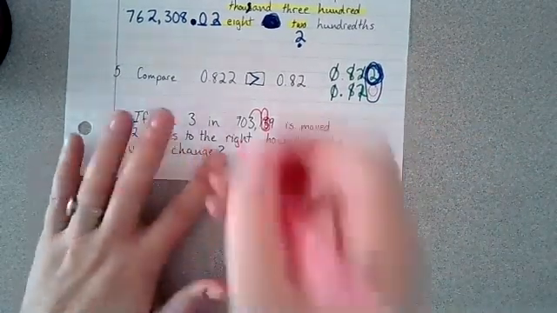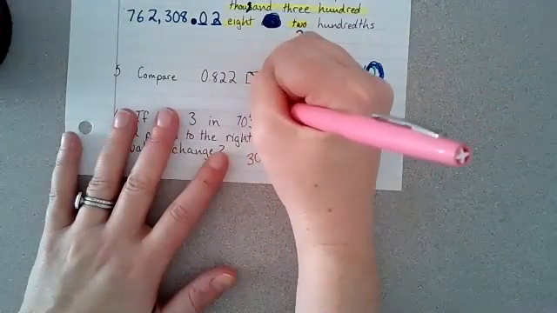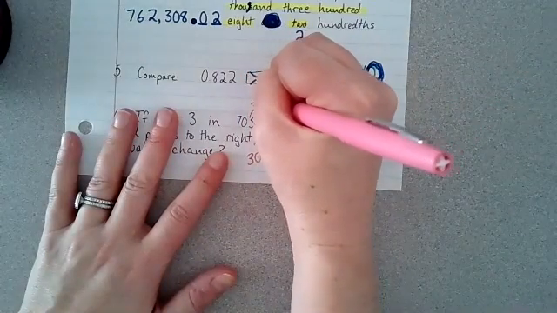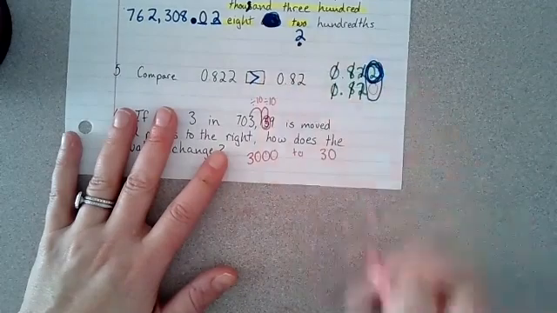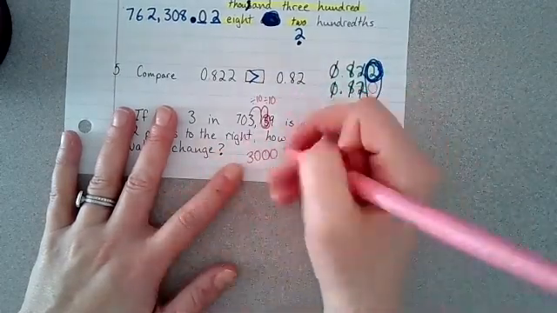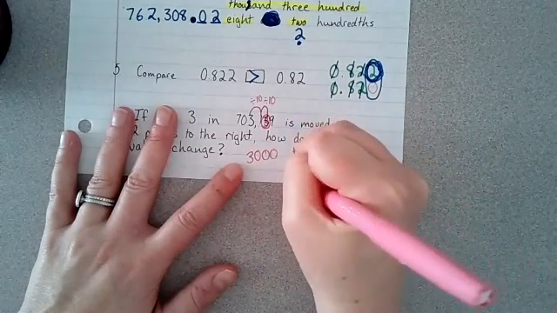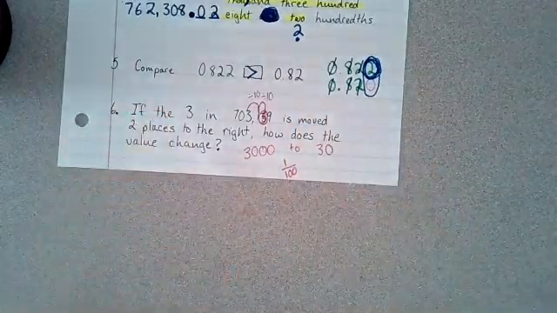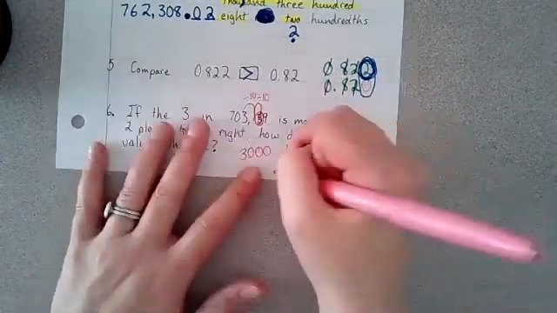It moved 2 places. So each time it divided by 10. Each jump it divided by 10. So from 3,000 to 300, because it's 2 jumps, it is 1/100th of what it used to be worth. Does that make sense?